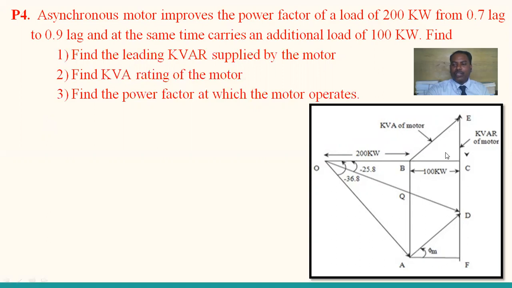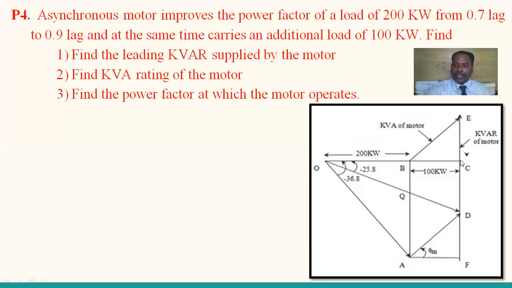What are the unknowns in the problem? Find the leading kVAR supplied by the motor, that is CE or EC, the kVA rating of the motor, that is BE, and the power factor at which the motor operates, this angle, that is the real power divided by the apparent power of the motor. So all three unknowns belong to the synchronous motor.